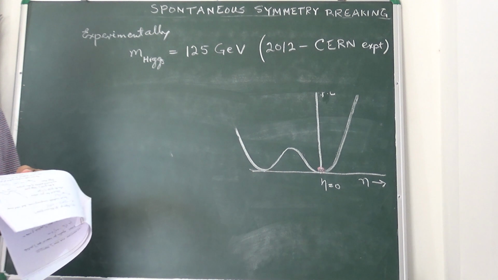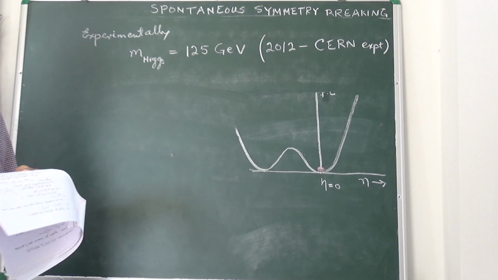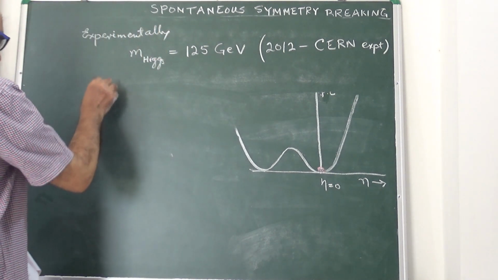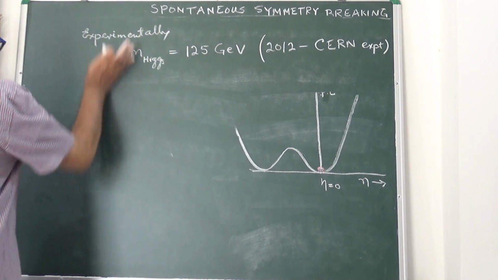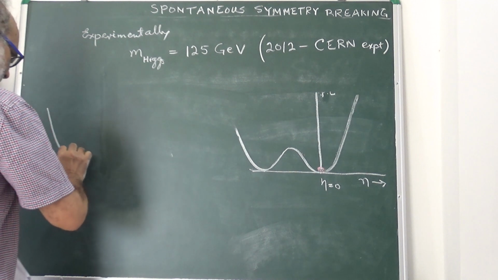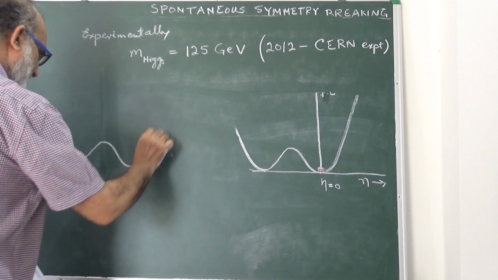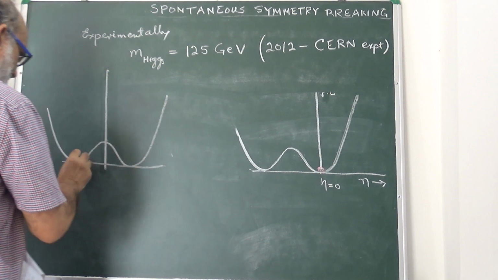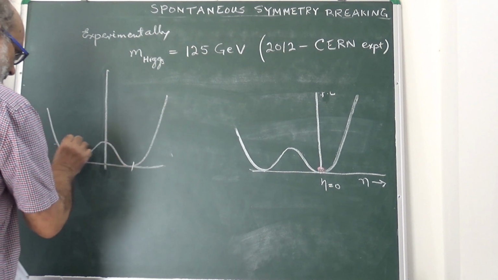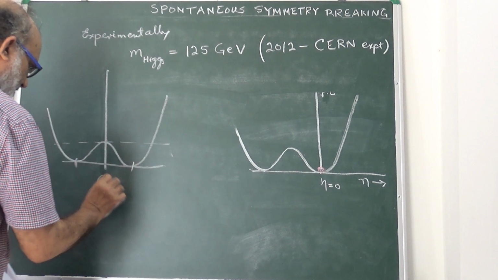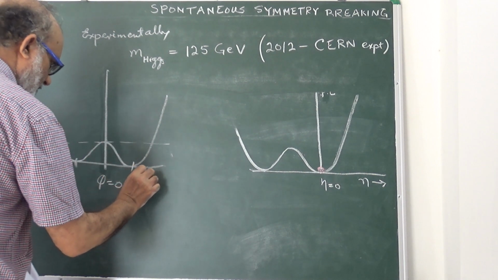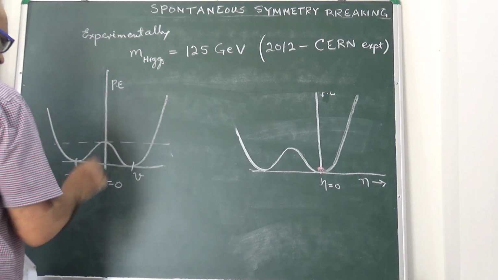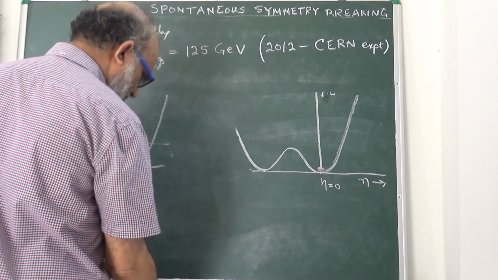The field phi settles at the value of phi equal to 0, phi plus minus. This is the phi field and this is the theta field.